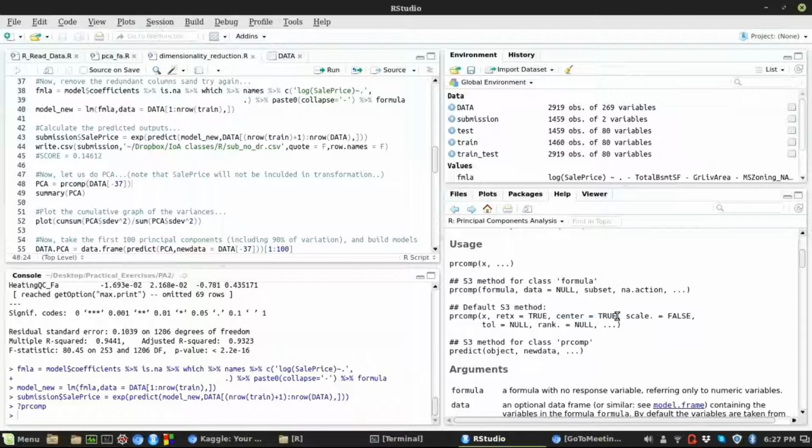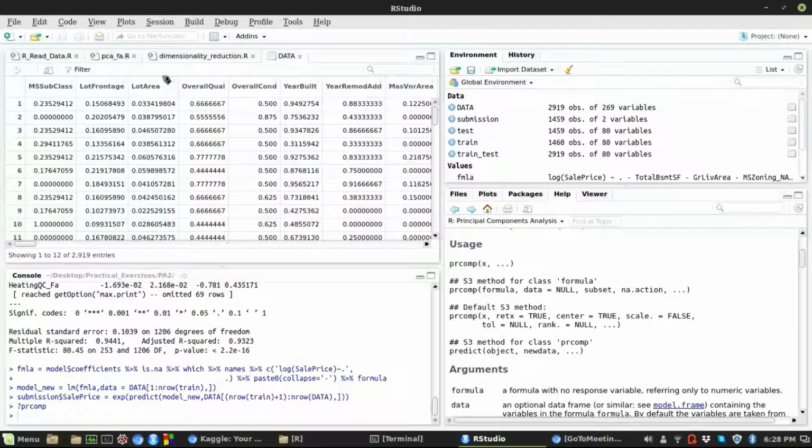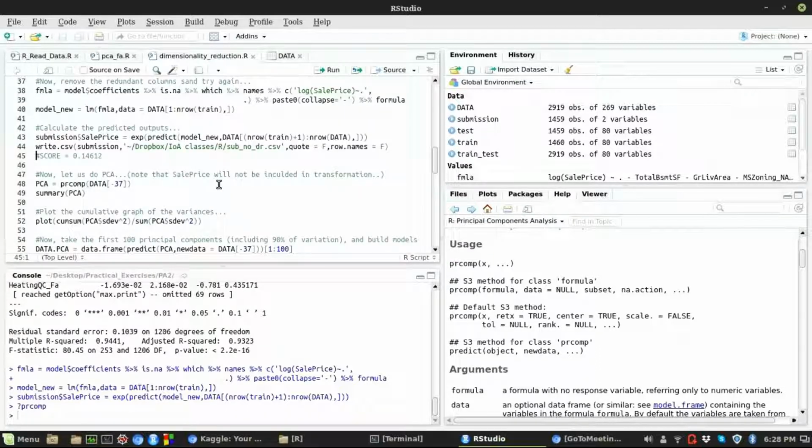Centering means you subtract the mean of each variable, so that the changed variables have mean 0. Scaling is you divide by the standard deviation, so all the standard deviations are now 1. You can do that because that is one way to make sure that before you do principal component analysis, all the columns have 0 mean and standard deviation of 1, so that they are all on the same footing.